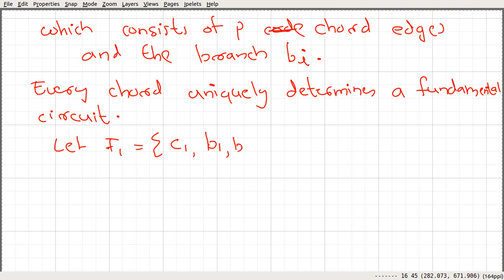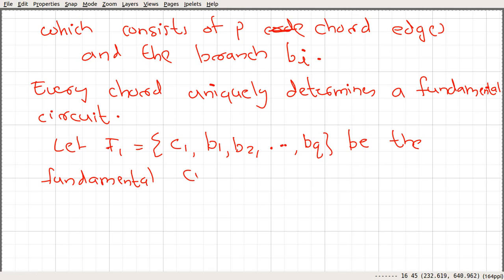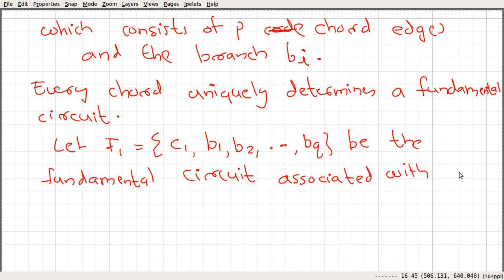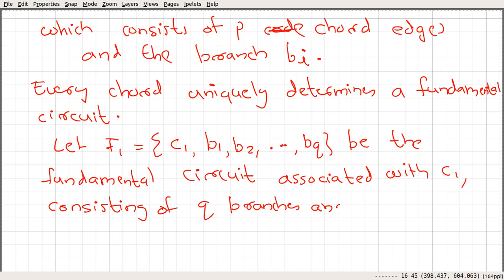So let the branch edges be B1, B2 up to BQ. F1 is the fundamental circuit associated with C1, consisting of Q branch edges B1 up to BQ and the chord C1.